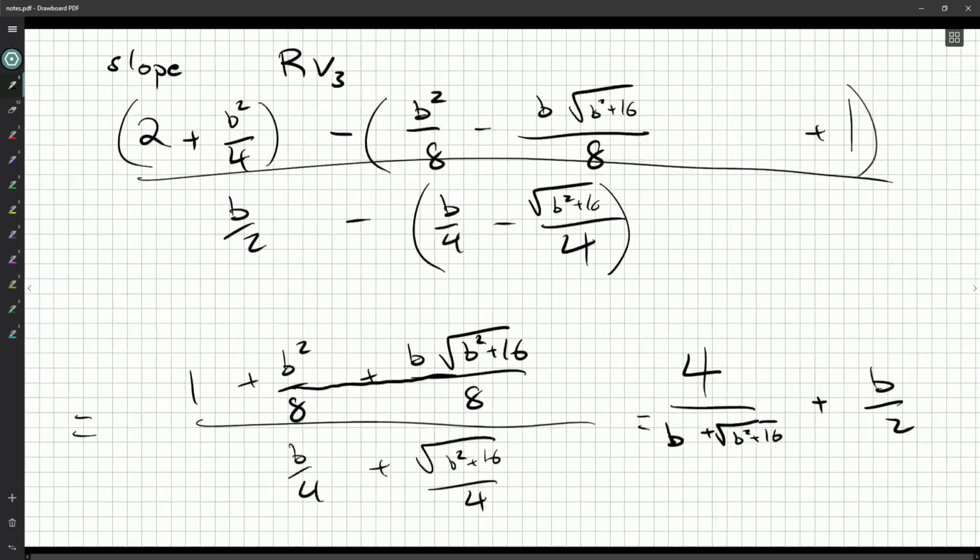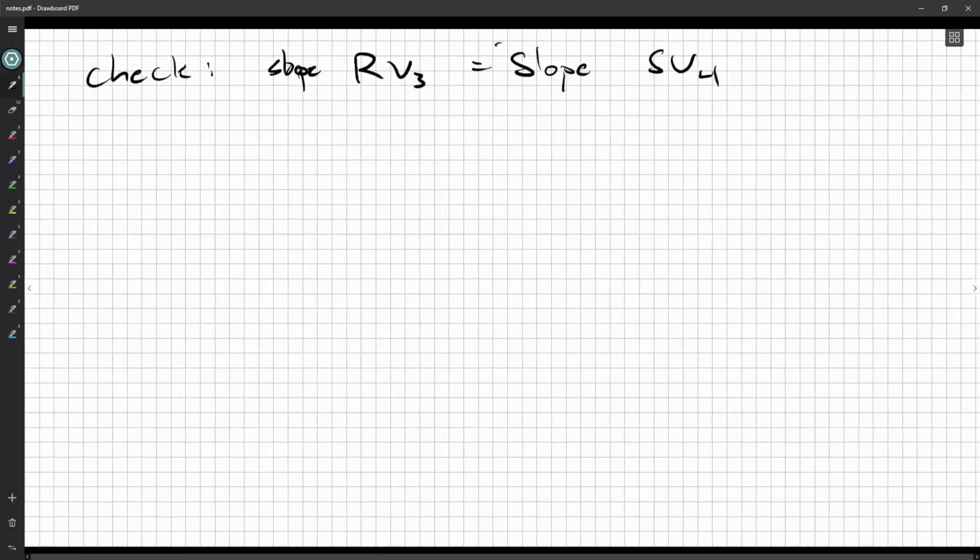Again, this is negative reciprocal. So the choice is C. This is a negative reciprocal. So we check the RV3 is equal to, it's slopes, by the way. Slope SV4, and that one was b plus the square root of b squared plus 16 all over 4.